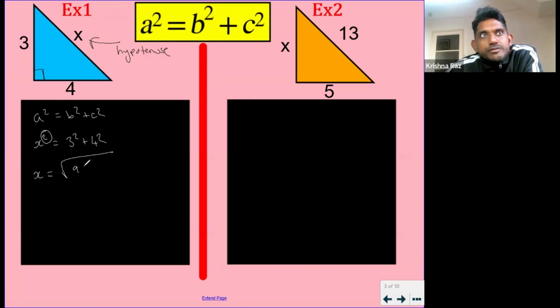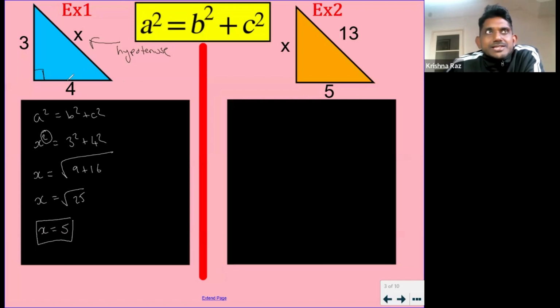So we have the square root of 9 plus 16, which is the square root of 25, and so we get x is 5. So this is a 3, 4, 5 triangle known as a Pythagorean triple. I might go into that in another video, but not now. So the hypotenuse of that was 5.